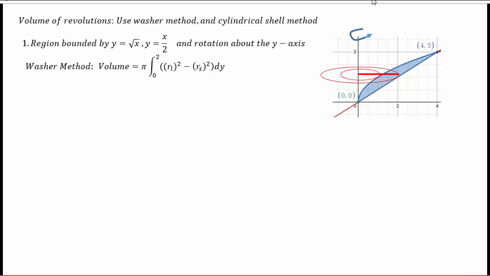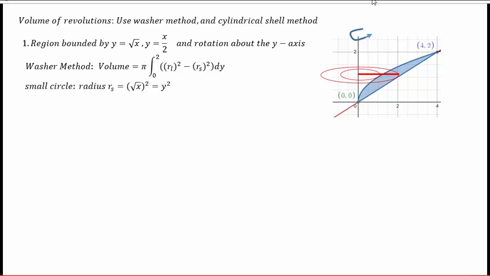The volume is pi r squared, and since we have a washer, we are getting two circles, one larger and the other smaller. So usually the area of a circle is pi r squared. Since we have two here, the bigger one minus the smaller one gives you what is in between.